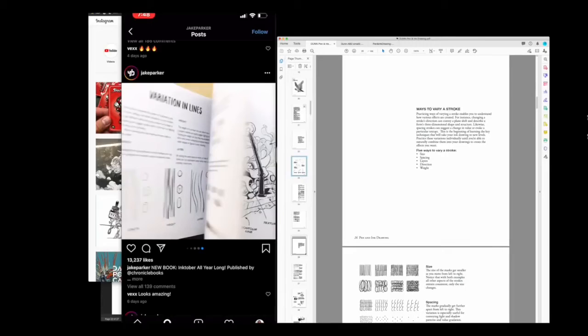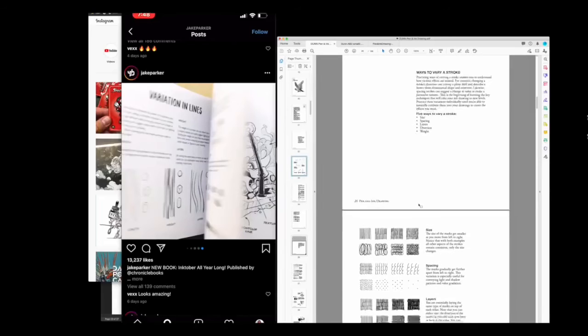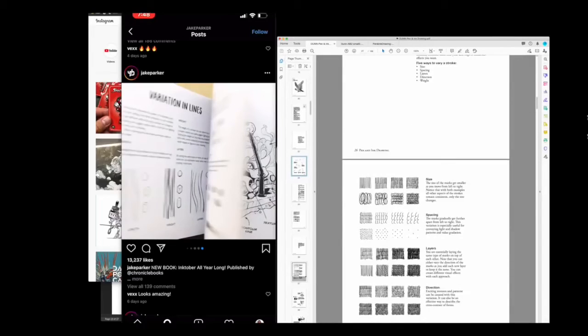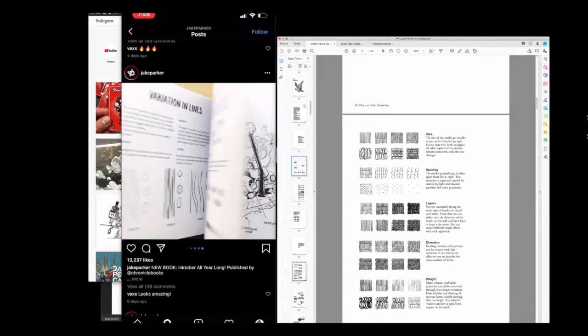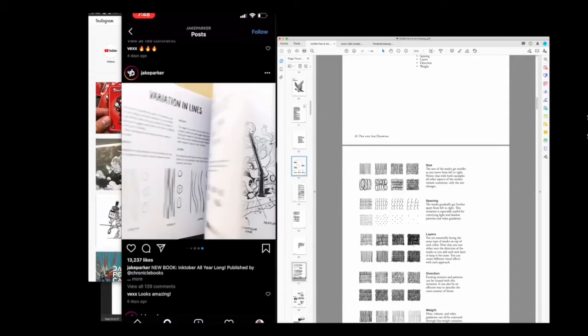It was problematic because layers is technically not a variation of a stroke. If you change a stroke, you can change the size, you can change the spacing to some degree. So you're not really varying a stroke, it's more like the configuration of a stroke. So it was really problematic to decide how I would refer to this.